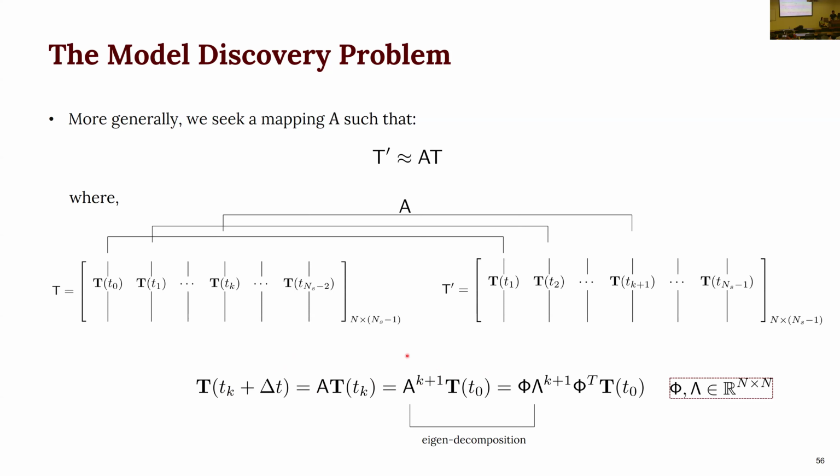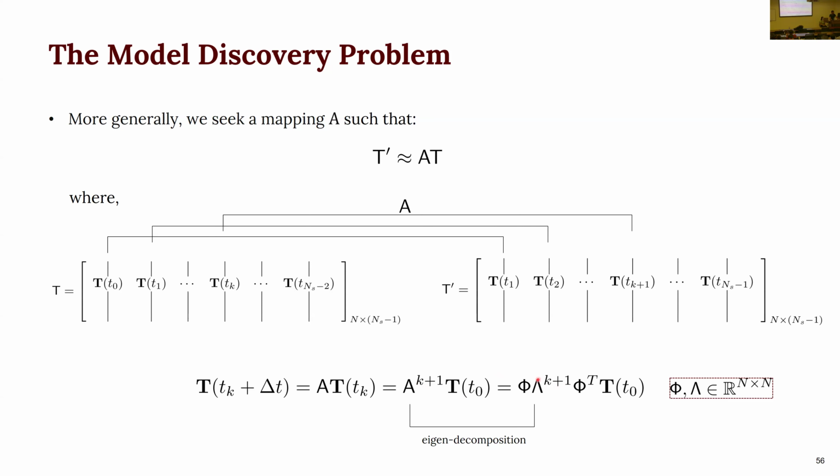If we further do an eigen decomposition of A, we are left with phi lambda to the power k plus 1 and phi transpose, where phi is the eigenvector matrix of A and lambda is basically the eigenvalue matrix of A. Now lambda is diagonal, and by no means are these real numbers. These matrices can be complex and will be complex most of the time.